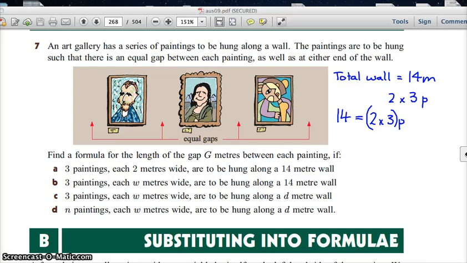8. And if we've got 1, 2, 3, 4, whatever's left over, if we divided that by 4, that would be our gap, would it not? Yeah? So it would be a 2 metre gap on this occasion. But then things change.